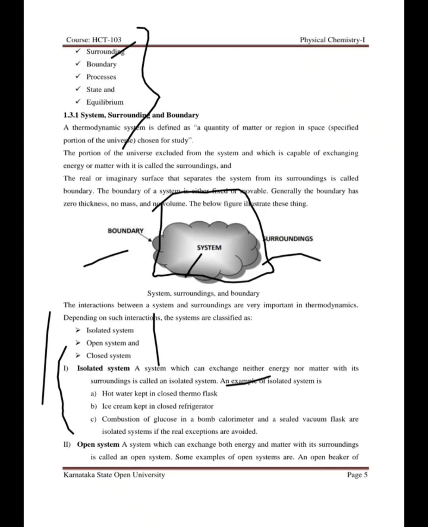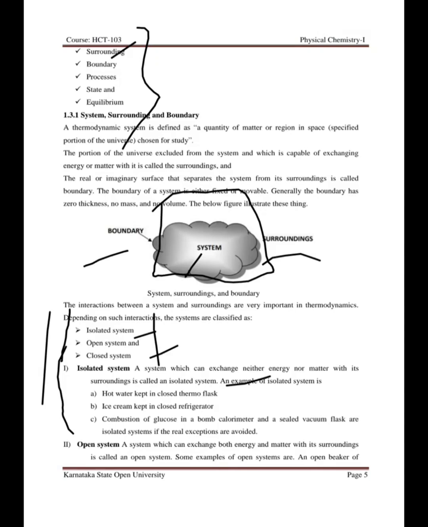For example, hot water kept in a thermos flask and ice cream kept in a refrigerator. These are examples of an isolated system. So an isolated system means a system which can exchange neither energy nor matter.